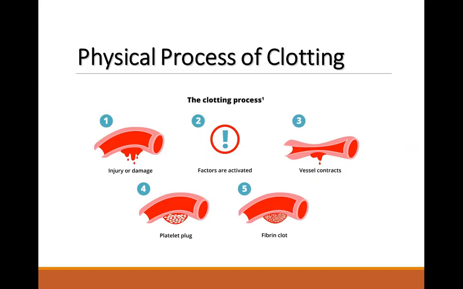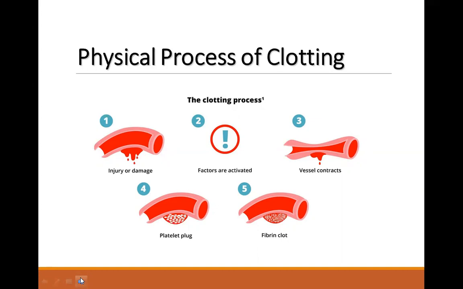So when we consider anticoagulants, here you can see the physical process of clotting. I have included simply what is the main thing behind the clotting process. Injury or damage to a small blood vessel activates factors. There are different factors for the clotting process, and those factors will be activated.